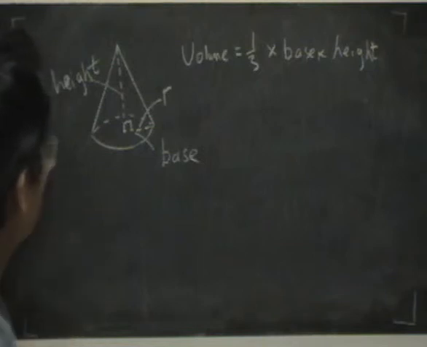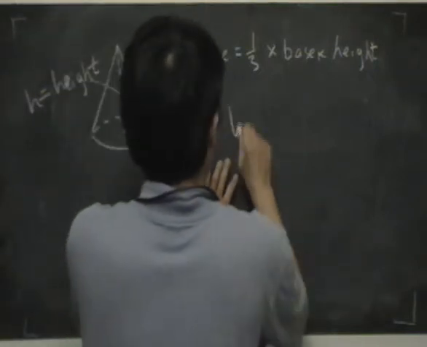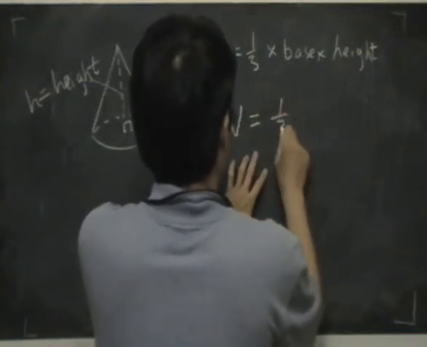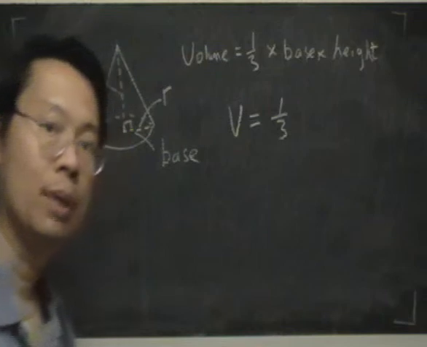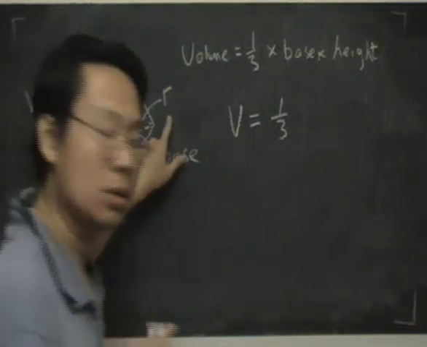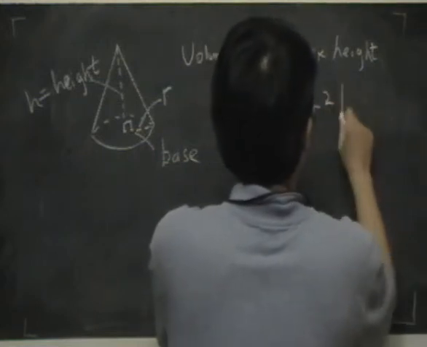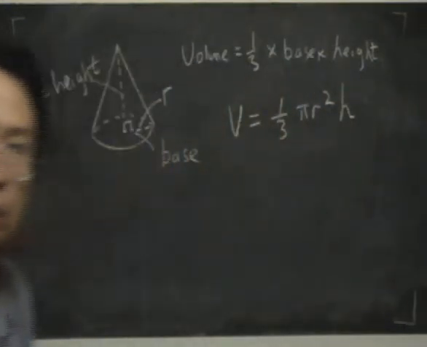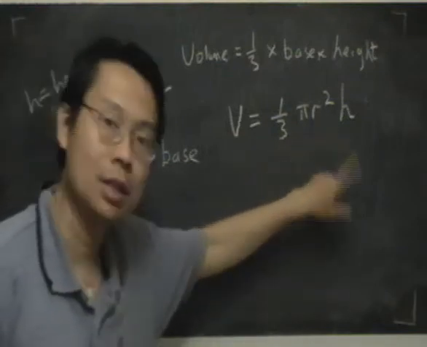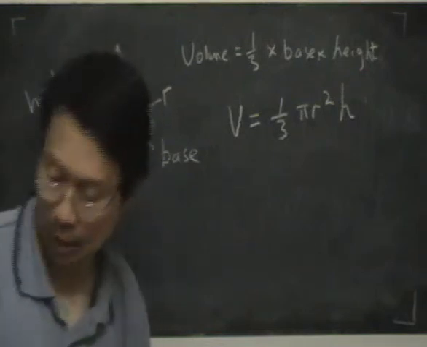So with these two symbols h and r, we can make an algebraic formula. So volume is 1/3, base, area of the circle is pi r squared, and height is h. So there we have our formula. V equals 1/3 pi r squared h. Volume of a cone.